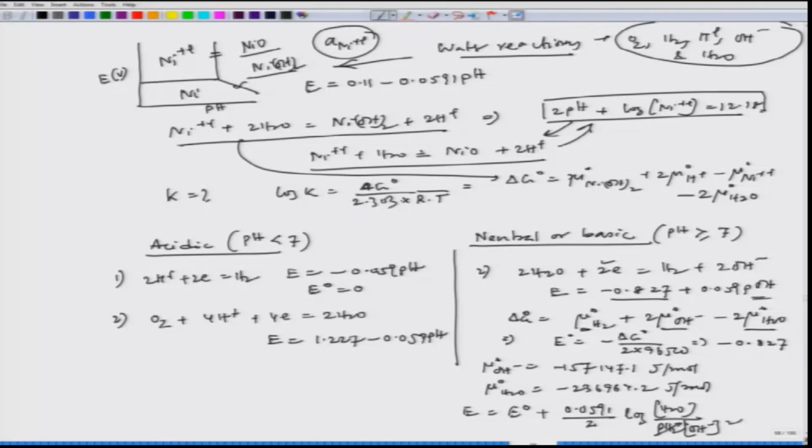So, this is maintained at 1 atmosphere. The pressure of hydrogen gas is 1 atmosphere.